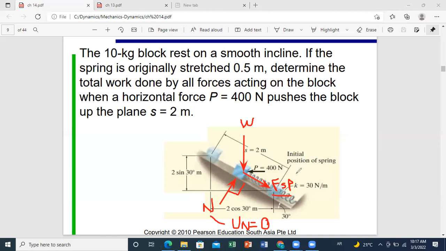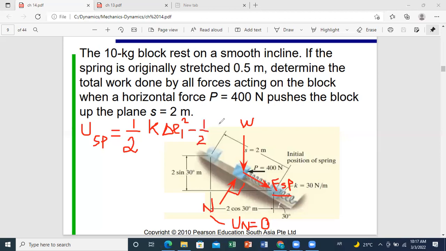Because I'm interested in the forces on the block, what will be the work of the spring? I will use the expression we developed together: whenever I consider my system the block, the work of the spring on the block is half K delta L1 squared minus half K delta L2 squared.